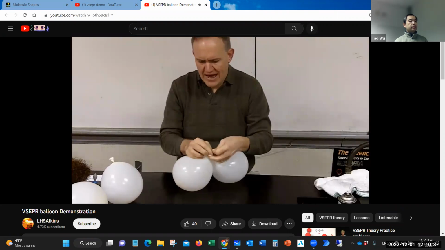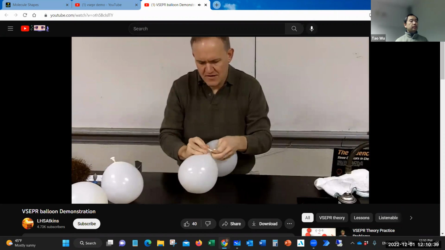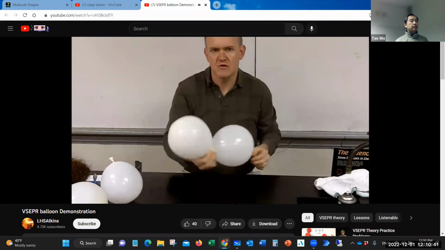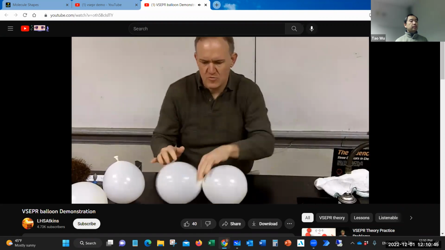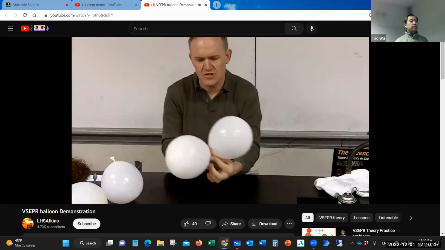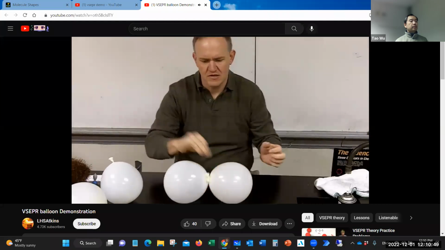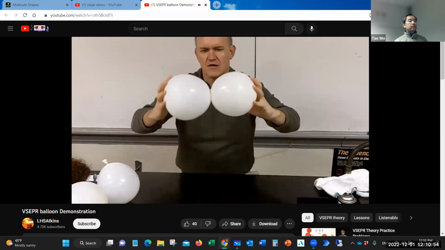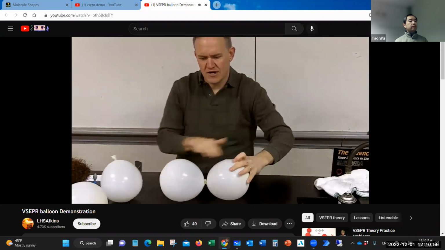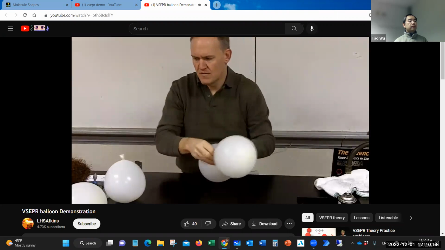So some atoms and molecules have two electron pairs around the center atom. If we tie two balloons together and look at what shape those make, we can see that they make a straight line, right across from each other, 180-degree bonding.